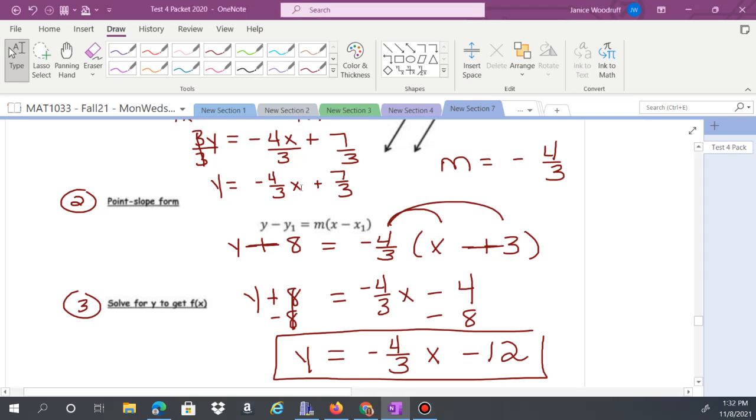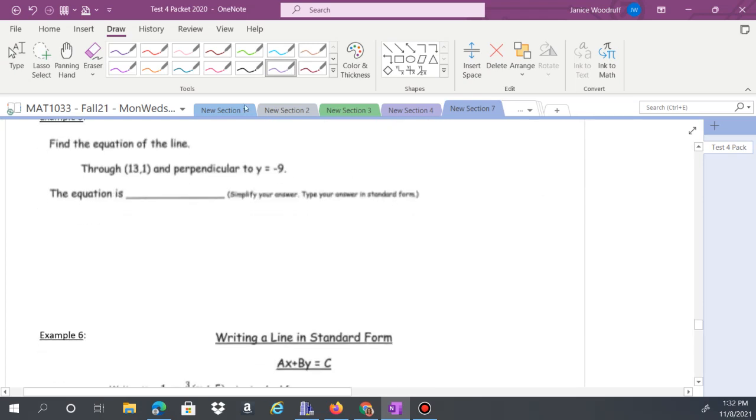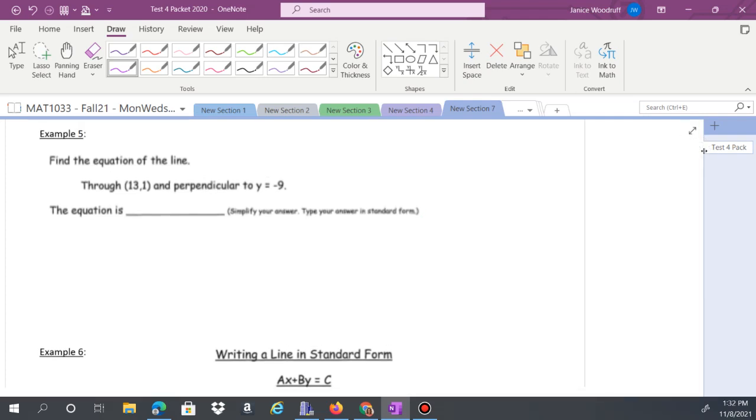Okay, let's do an example with perpendicular lines. All right, so this one says find the equation of a line through the point (13, 1) and perpendicular to y equals 9. So step 1, find the slope of the given line.